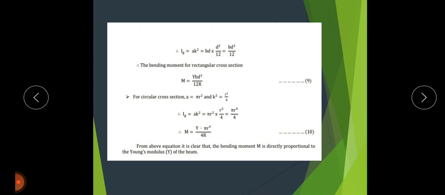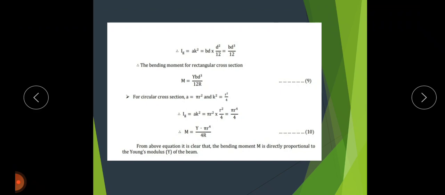This is taken as equation number 10. This expression is the bending moment for the circular cross section of the beam. From the above equation, it is clear that the bending moment M is directly proportional to y, that is Young's modulus of the beam.